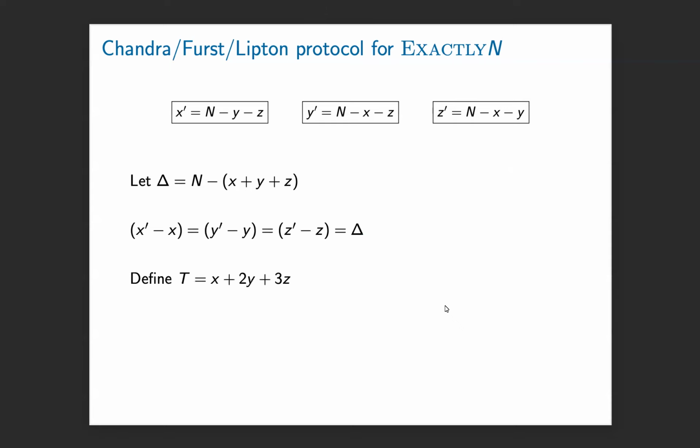So here's the trick. We define this value t, which is x plus 2y plus 3z. Alice can't compute t, but she can compute a guess for t, using her guess for x. And note that this is exactly t minus delta.